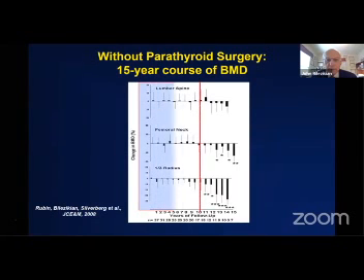Now, in those individuals who don't have surgery, over the first 8 to 10 years of our experience, bone density is remarkably stable.